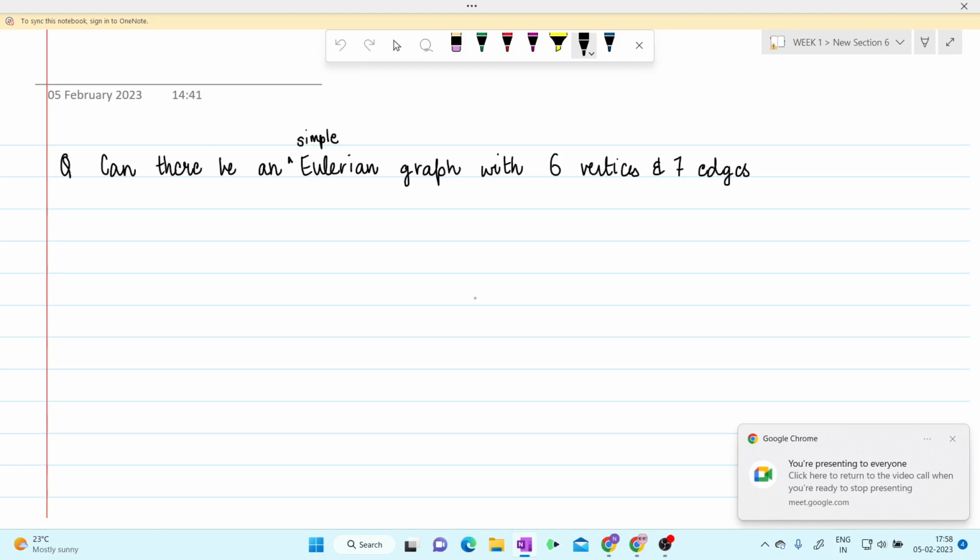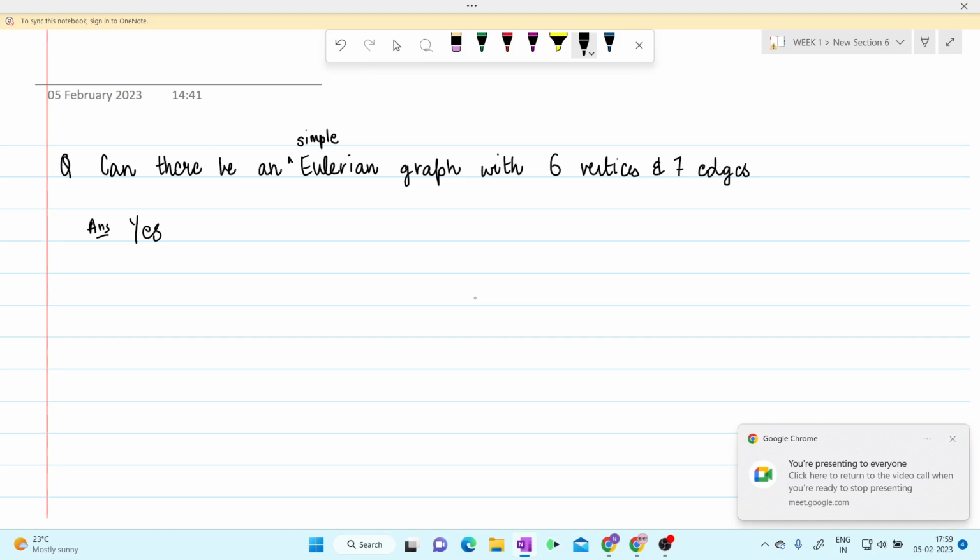So what do you think? Can there be a graph with such properties? Yes, it is possible. Okay, how did you find that graph? Can you describe your graph? So you're saying it's possible.